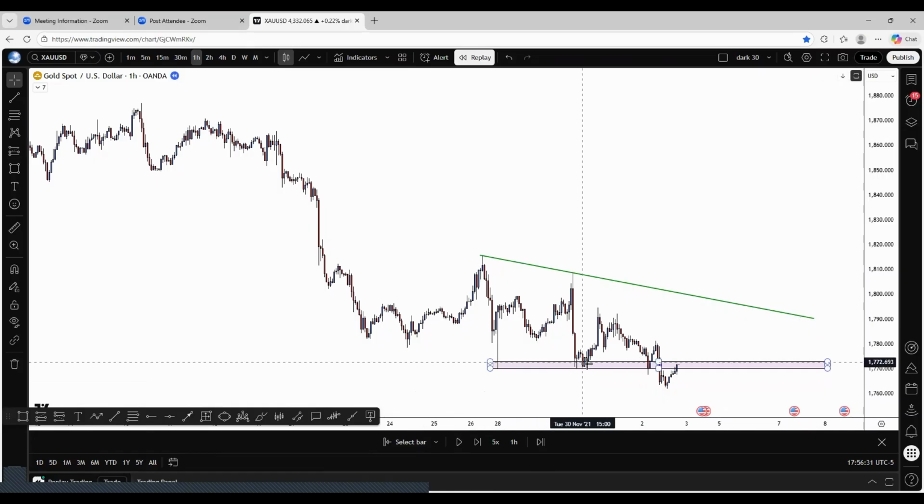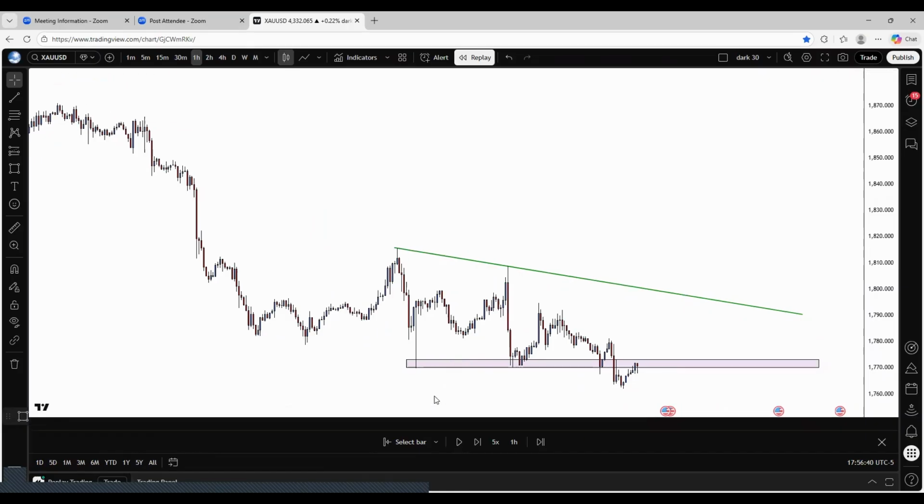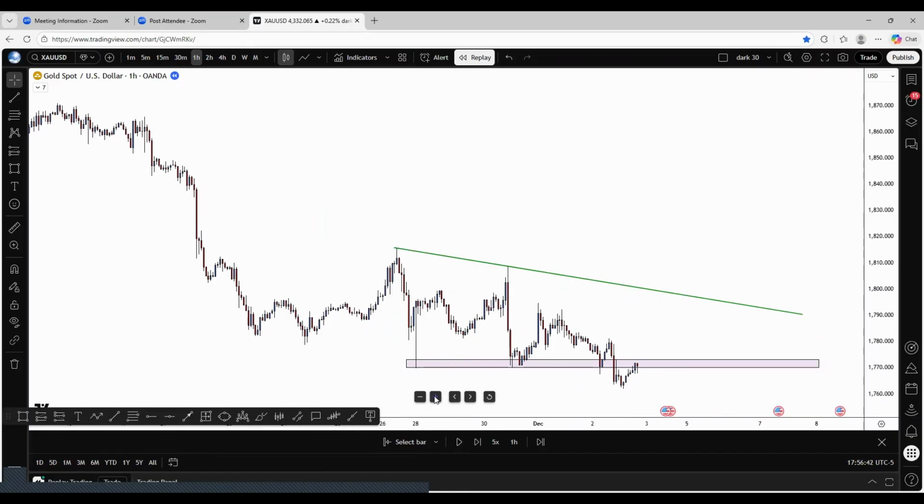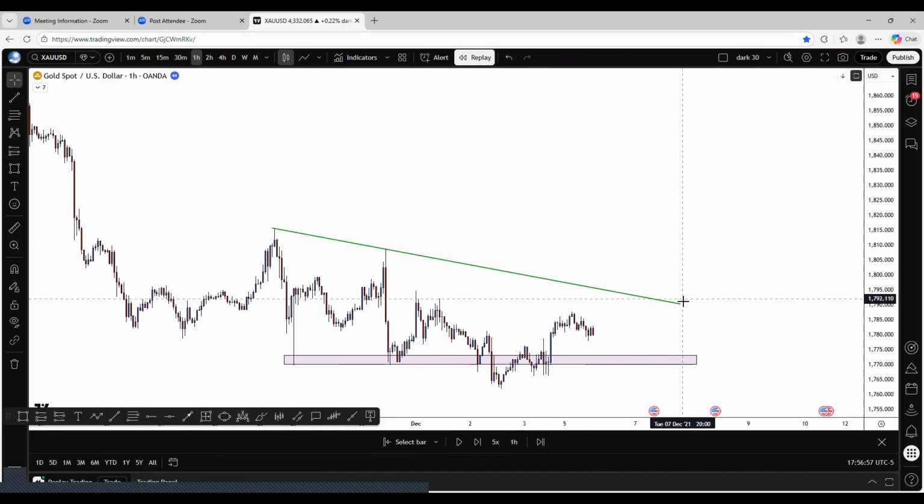Okay, so the first thing it just did was break below the zone. So we might continue going down at this point, but I'm going to continue to let it show me its hand. You could also draw a trend line right here. As of right now, let me stretch this trend line out.